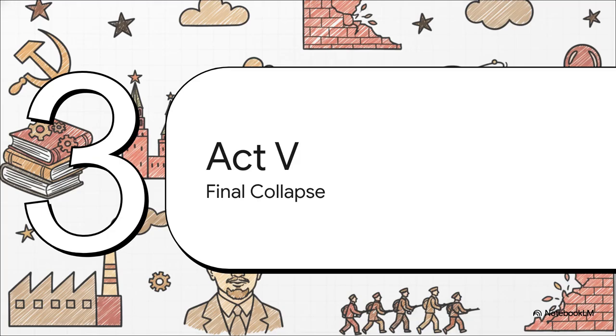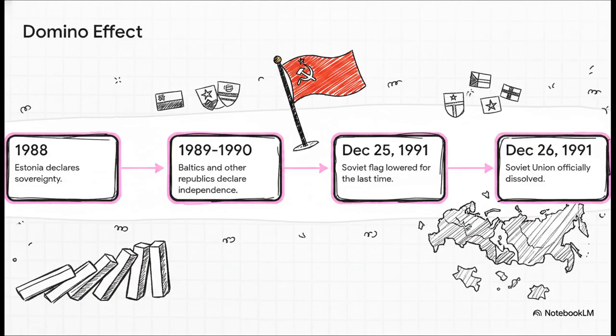But unfortunately for Gorbachev, we arrive at Act 5, the final collapse of the empire. See, Gorbachev fully intended to save the Soviet Union, but his reforms just came too late. By granting all these newfound freedoms, he inadvertently opened the floodgates for a massive domino effect of independence movements. In 1988, Estonia boldly declares sovereignty.